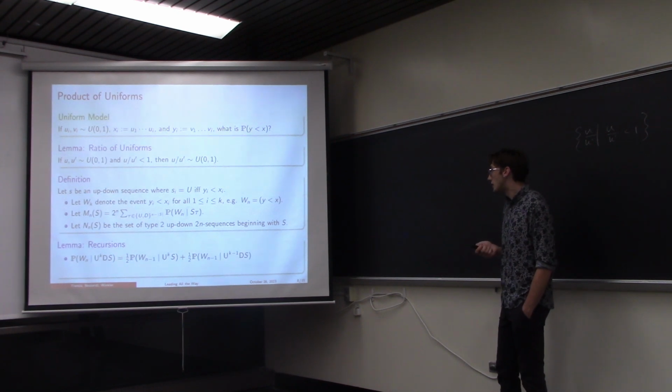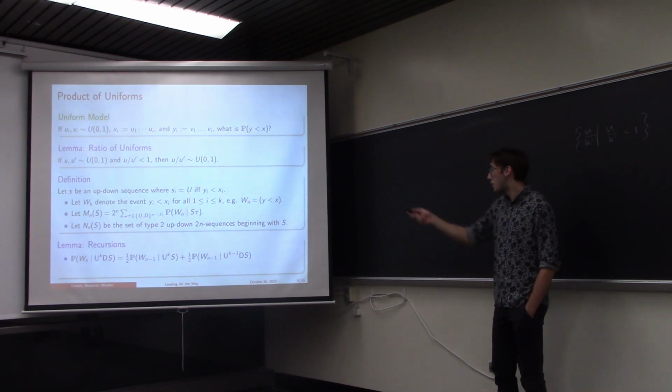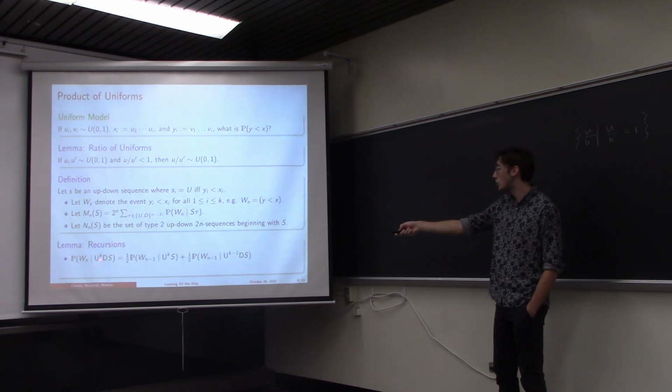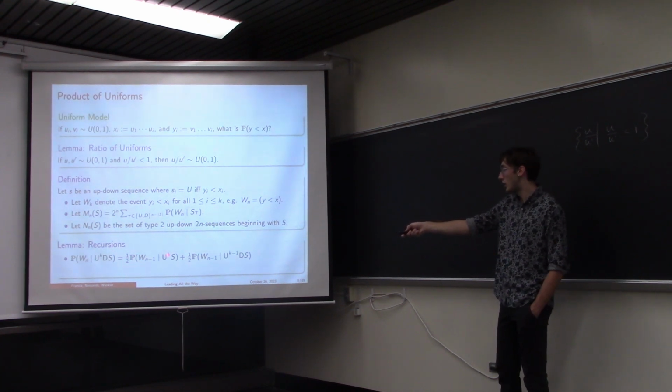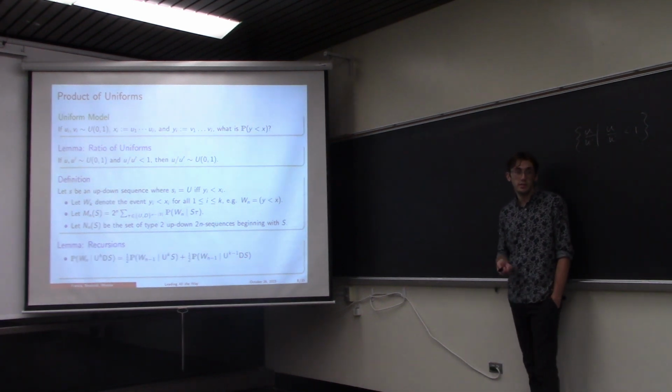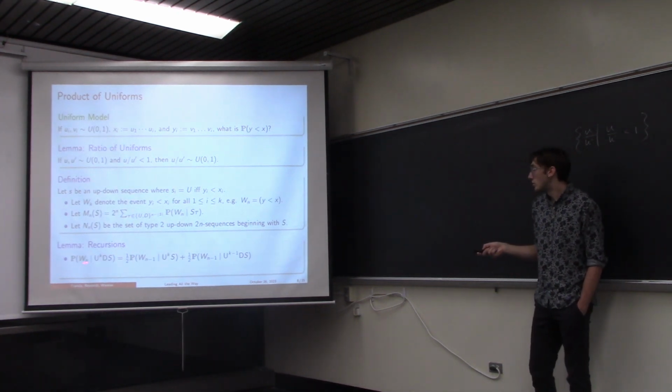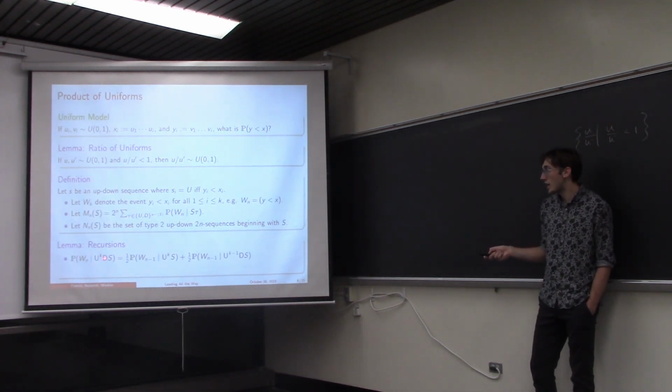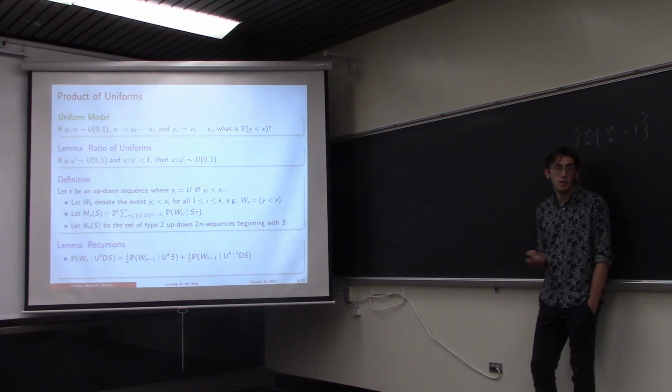So the first recursion is that P of W_n, so the probability of winning, given that you start with k U's and then a D, and then something else, whatever it is, is half the probability of winning up to n minus 1 if you start with k U's and then some other fixed s, plus half the probability of winning up to n minus 1 of U^(k-1) and then a down, and then an s. So we can remove the k-th U, or we can remove the D and then sum these probabilities half and half.